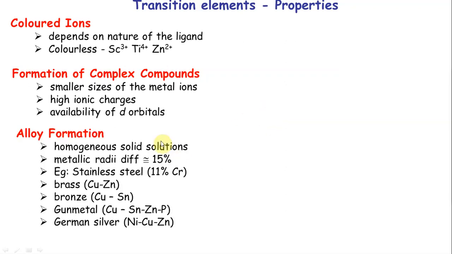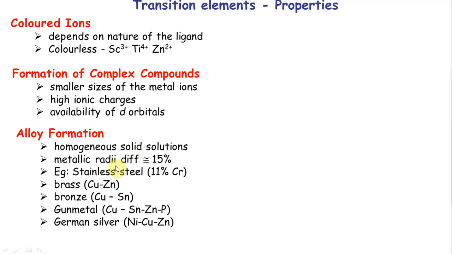The next property is alloy formation. Metal and metal can form homogeneous solid solutions. We saw in surface chemistry solutions, that's the first one, the dispersed phase and the dispersed medium, both of them are solids. Alloys can form when the metals have an atomic radii difference of about 15% maximum. This is coming down to solid state. Imagine you take one metal and put another metal in there.